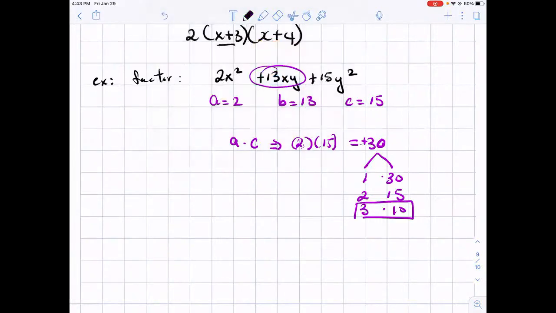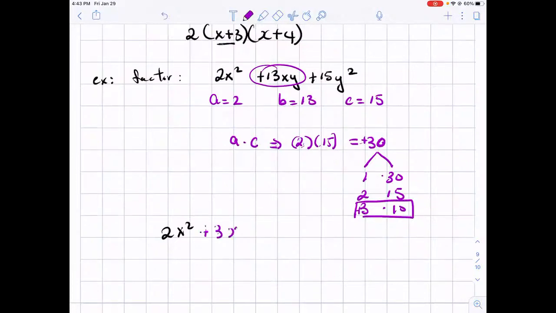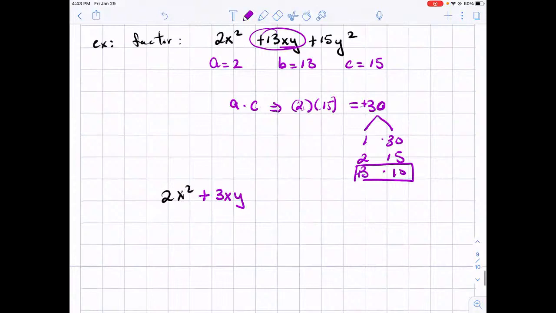I'm going to now write this as 2x squared plus 3x, plus 3xy, because it is an xy variable, plus 10xy, plus 15y squared.